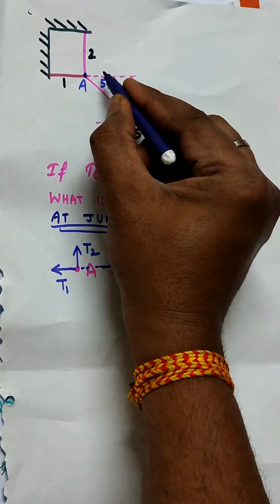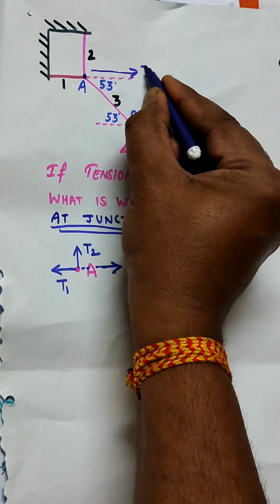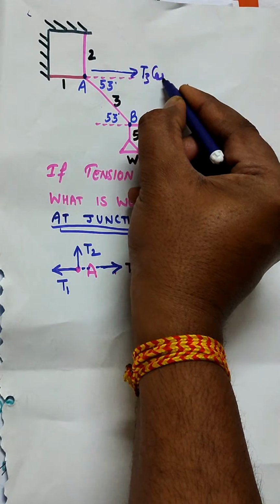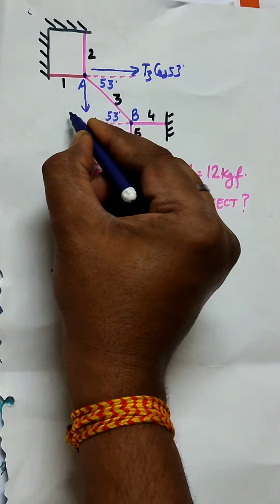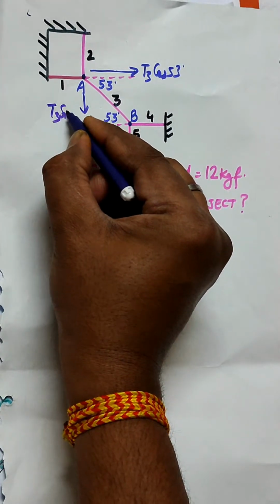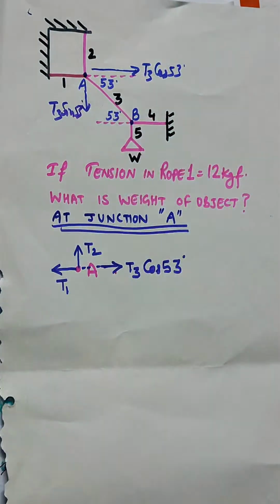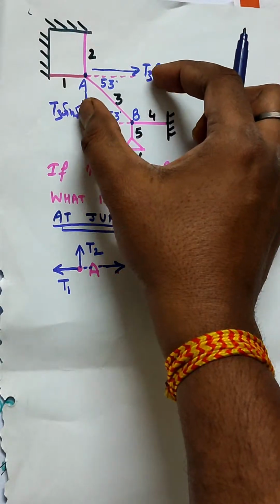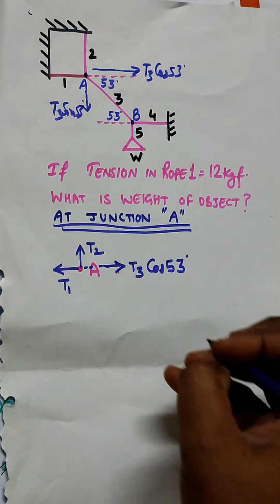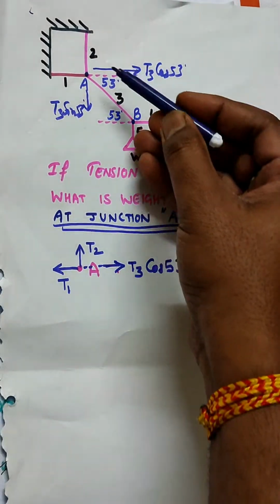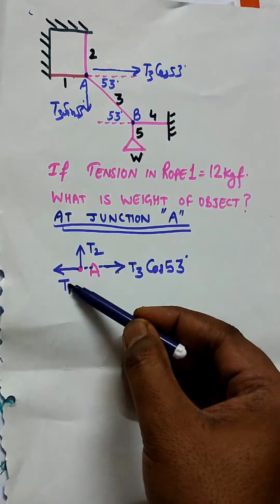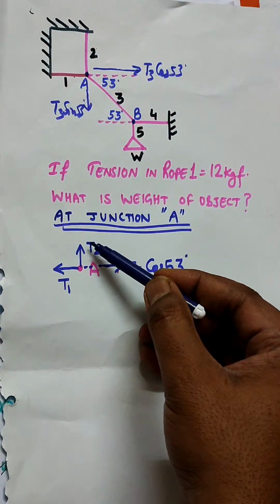If this is T3, here is T3 cos 53, and here it's T3 sin 53. So we will be using both of these in evaluating. So at junction A, these are the forces: rope 1 T1, rope 2 T2.